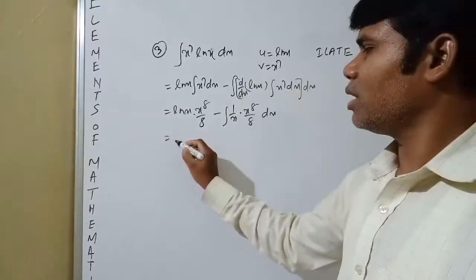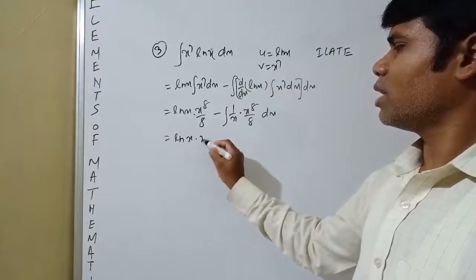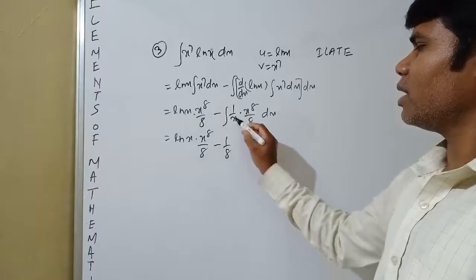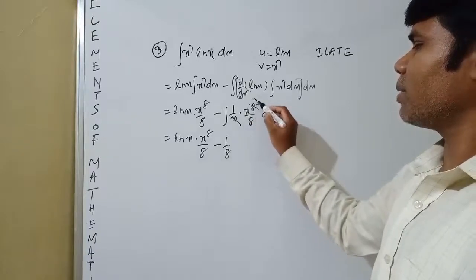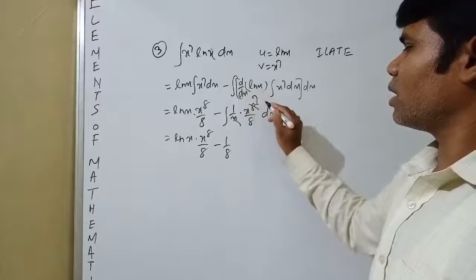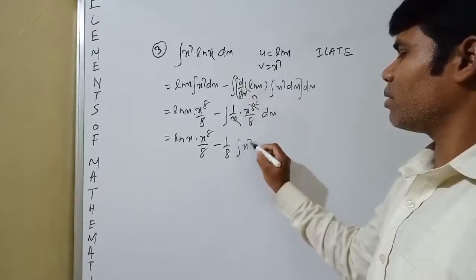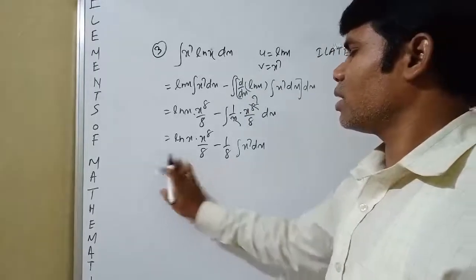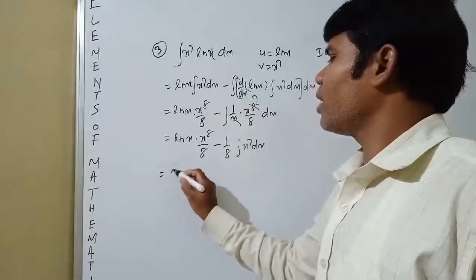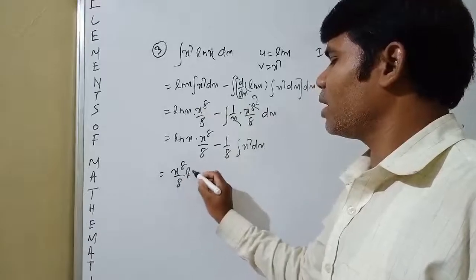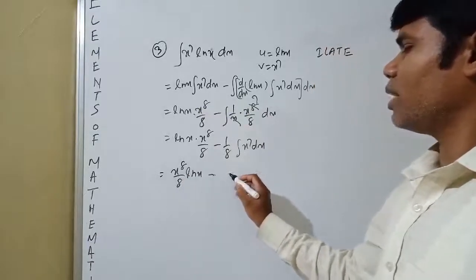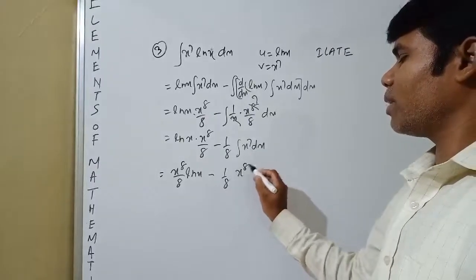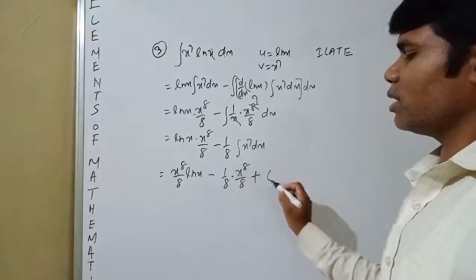This is equal to ln x times x to the power 8 by 8, minus, taking 1 by 8 common, x to the power 8 by x, that is x to the power 7, integration of x to the power 7 dx. So you write x to the power 8 by 8 ln x, minus 1 by 8 times x to the power 8 by 8, plus c.